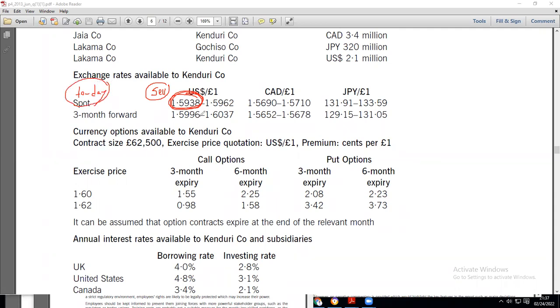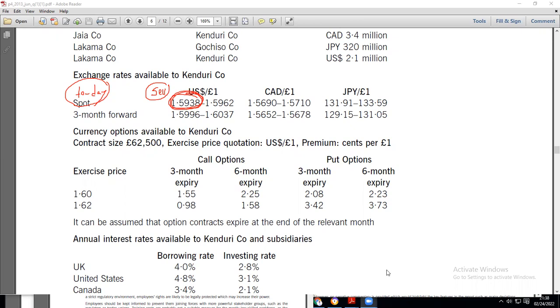So 1.5938 is the amount that you need when you're buying your dollars. You need your dollars to go and pay for the premiums. I hope you get that point.